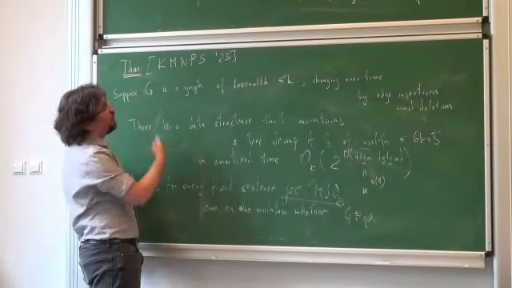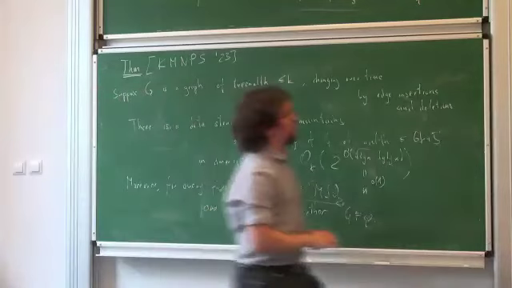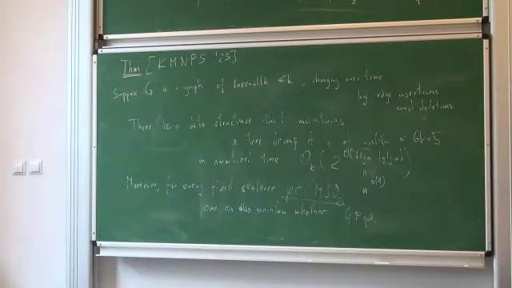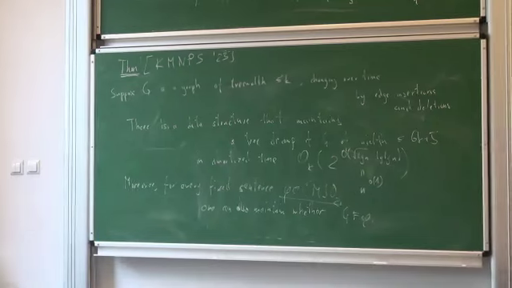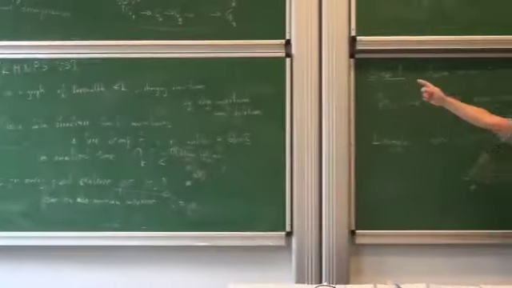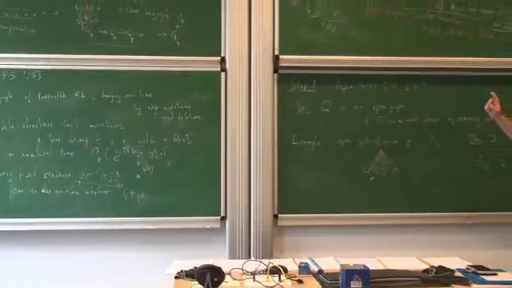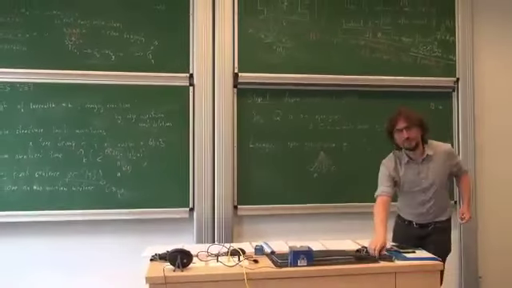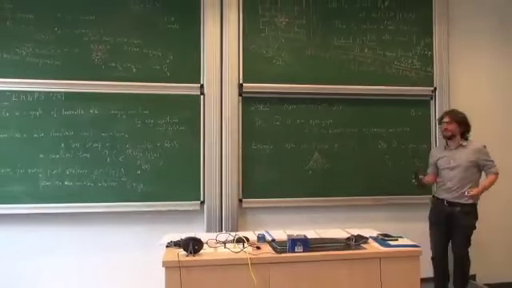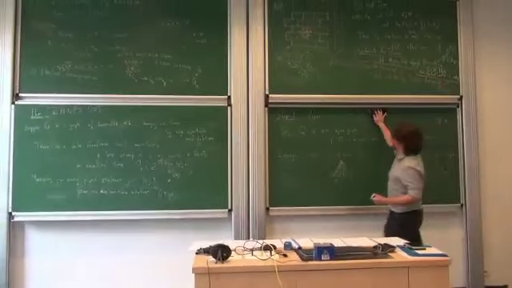This is precisely the moment when I do not want to erase this, because this is the moment when I will be using the dynamic tree data structure to keep track of this graph. Yes, the set of vertices is changing.